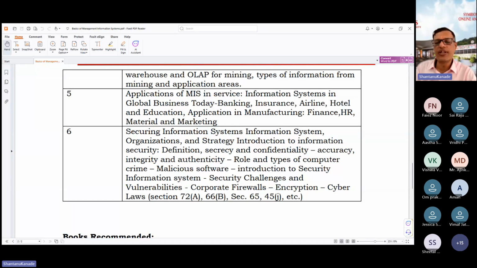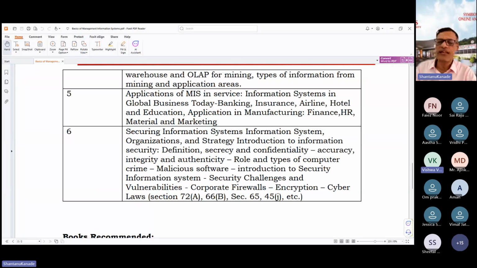Then what are the security challenges and what are the vulnerabilities that can be used to attack your system? What is the concept of corporate firewall, concept of encryption, and a few concepts related to cyber security or cyber laws. Now in India, we have the IT Act 2000 in place.